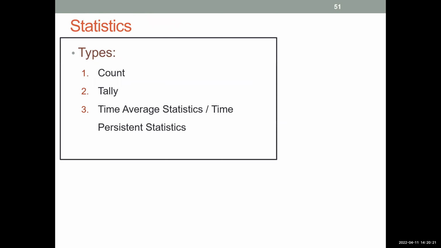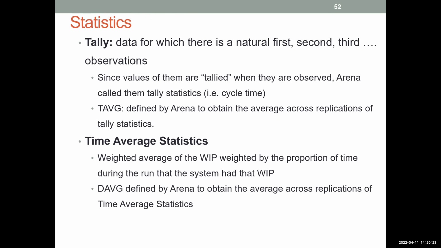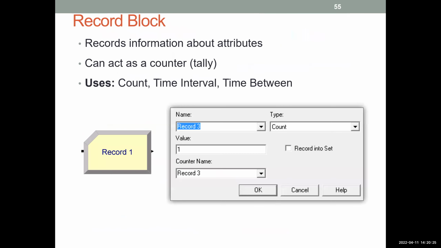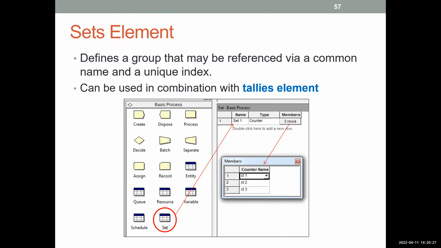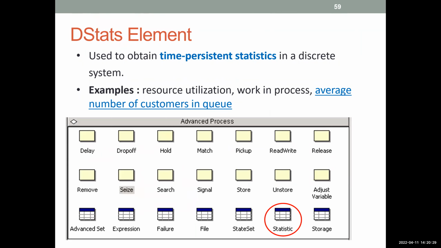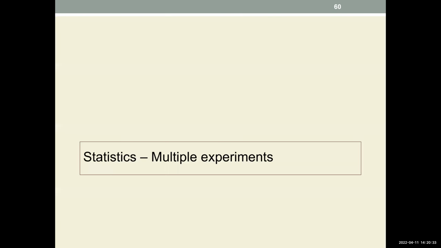So in terms of the statistics, today we're going to be looking at a variable to follow, or count, the number of units per day. So typically we will use a counter for those, but the counter is limited.